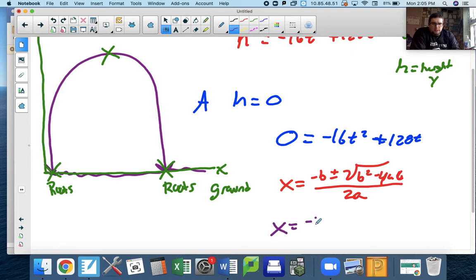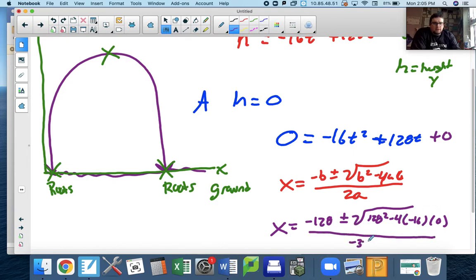So x equals negative 128 plus or minus the square root of 128 squared minus 4 times negative 16 times 0. I don't have a c, so we have to include a c. 0. All over negative 32.